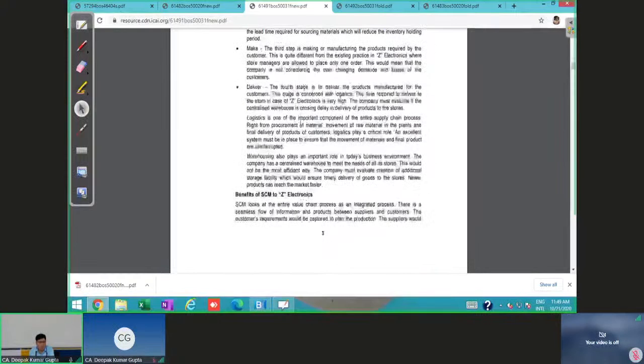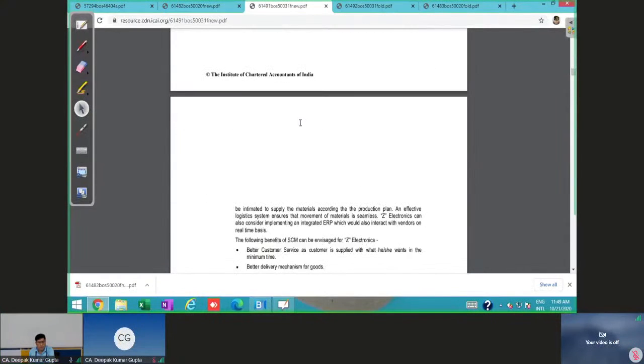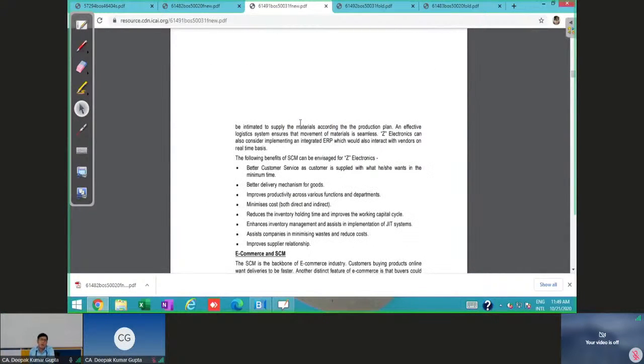Logical flow means you have to link all concepts, connecting them one by one, and simultaneously you have to offer a detailed analysis of the problem.